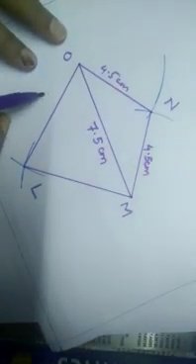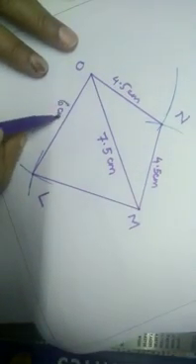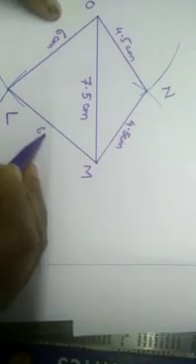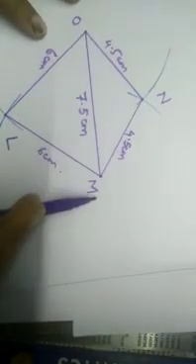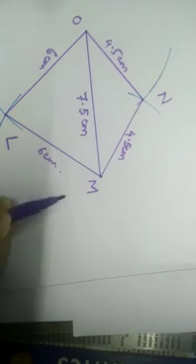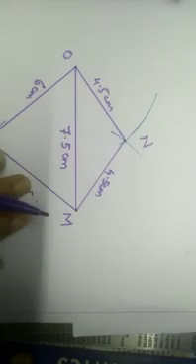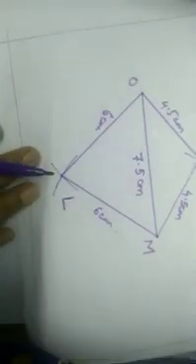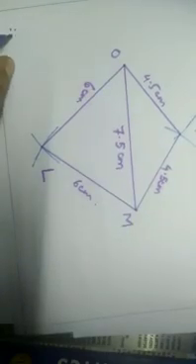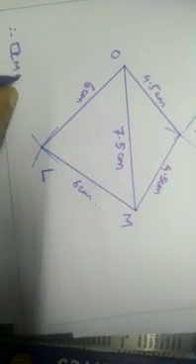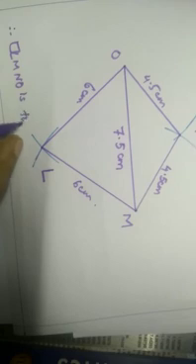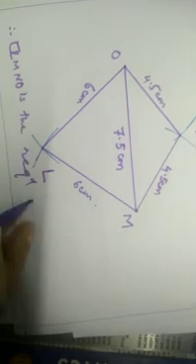OL is given as 6 centimeter and LM is also 6 centimeter. So both the measures we have taken now. So here in this way we have drawn a construction, with the help of the rough figure and the information which is given in the question. So we have completed the construction part. Therefore quadrilateral LMNO is the required quadrilateral.